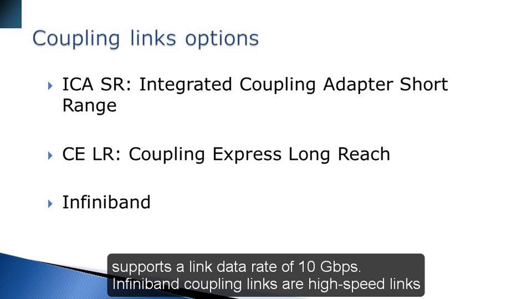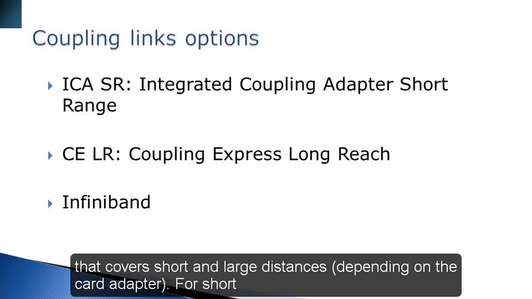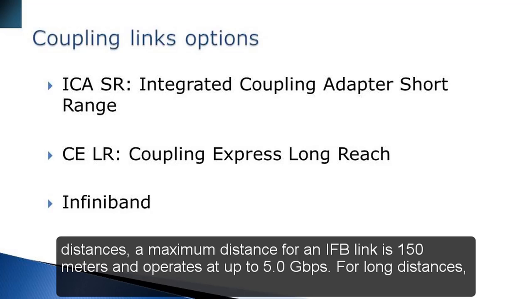InfiniBand coupling links are high-speed links that cover short and large distances depending on the card adapter. For short distances, the maximum distance for an IFB link is 150 meters and operates at up to 5 gigabit per second.